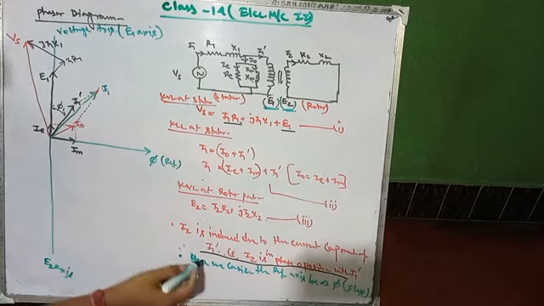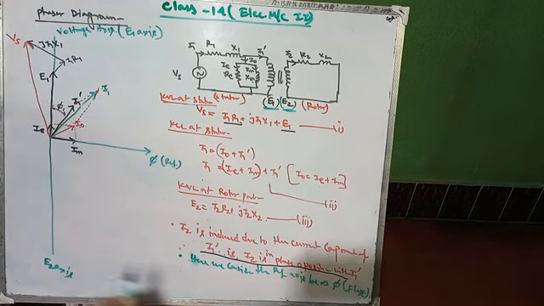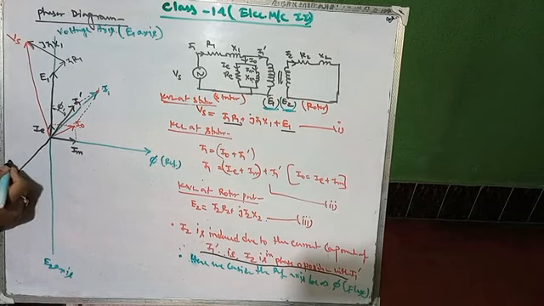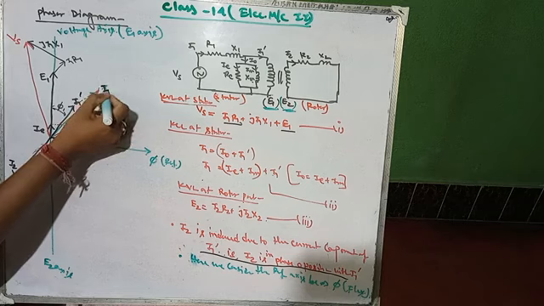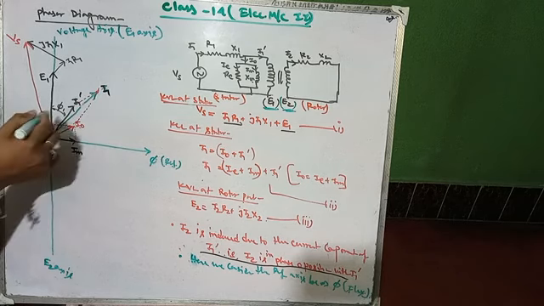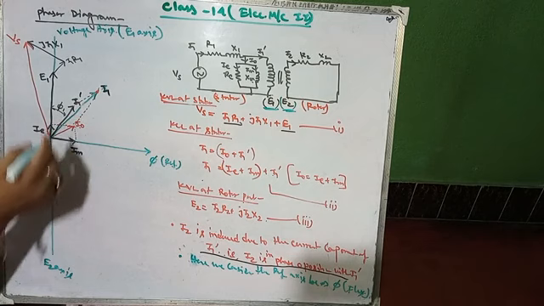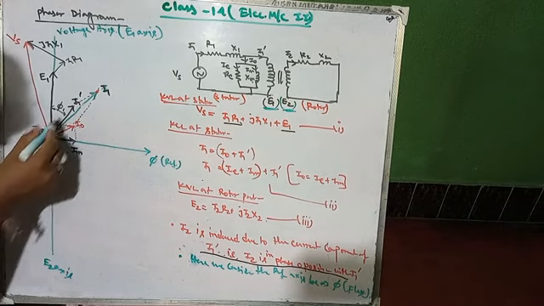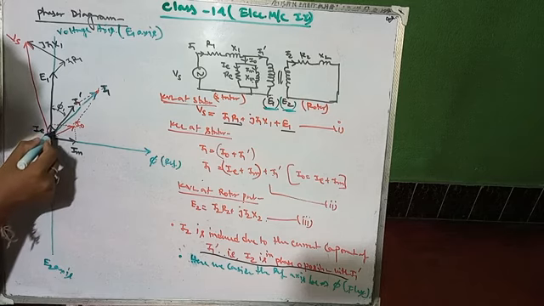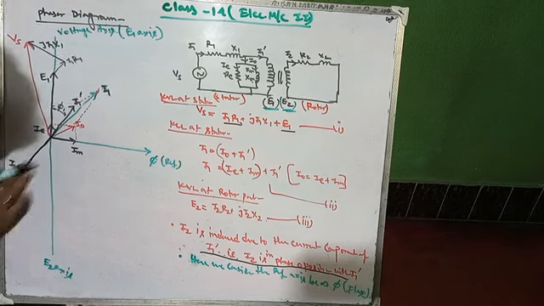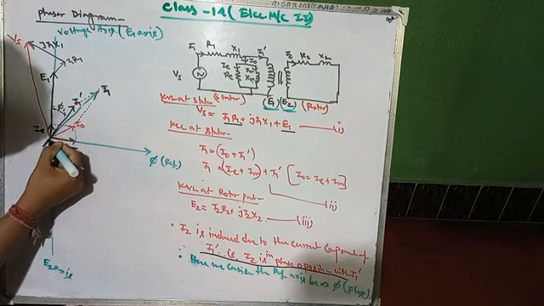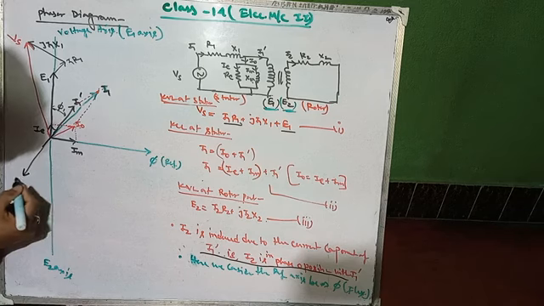I2 is the phase opposition of I1 dash, so whatever the I1 dash, just make it opposite. Okay, so this black color is your I2.